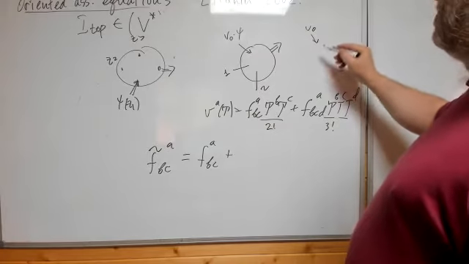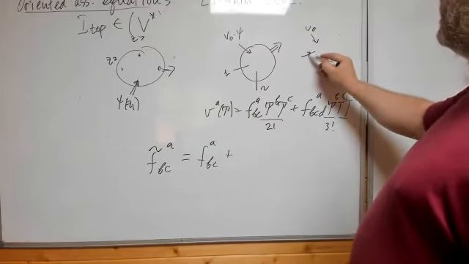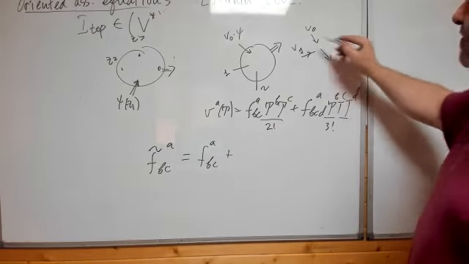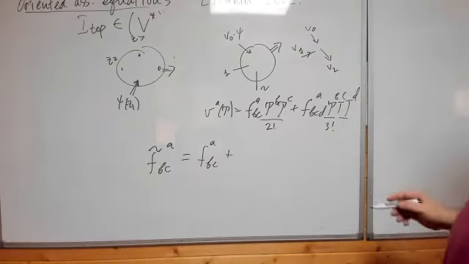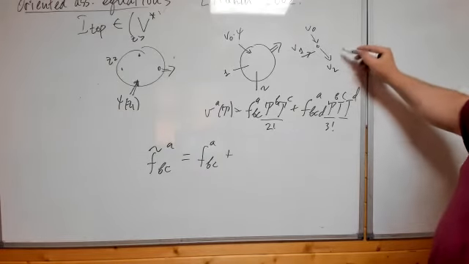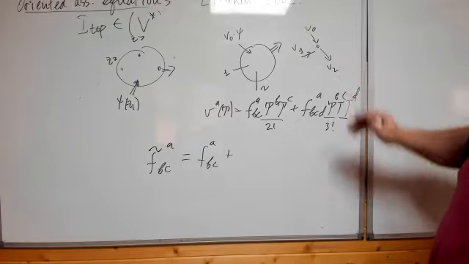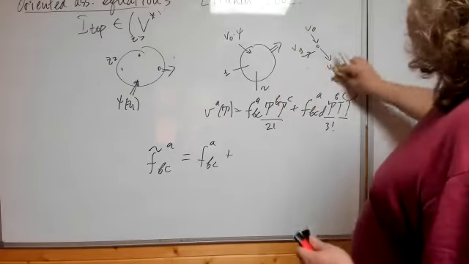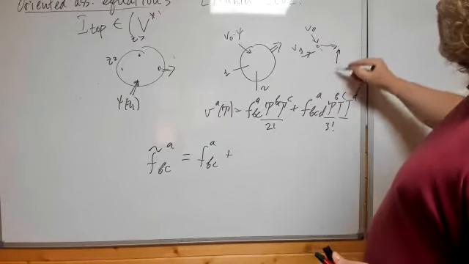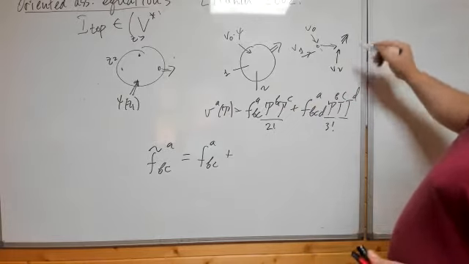V naught, V1, V2: V naught V1, then we have V2, and then we go out.